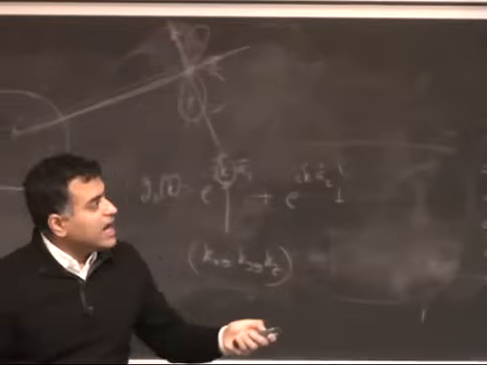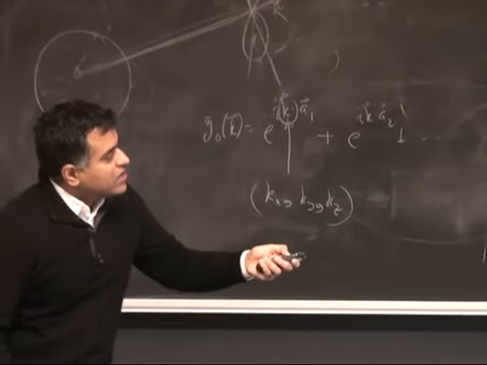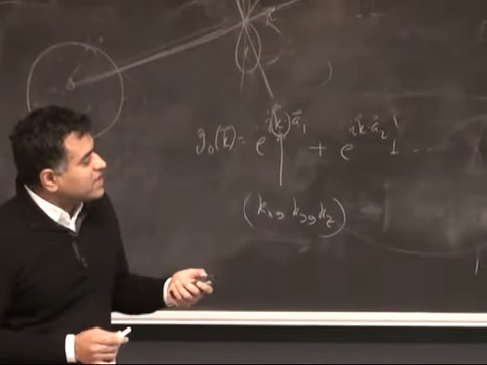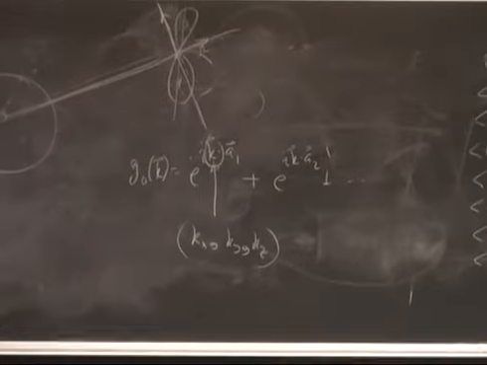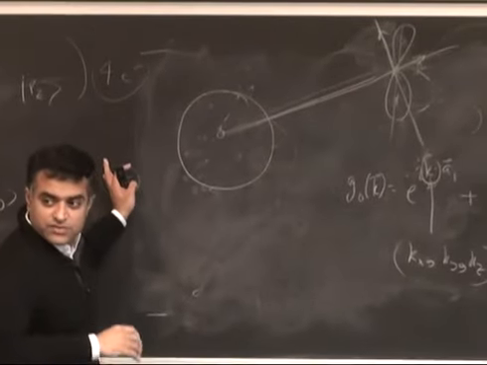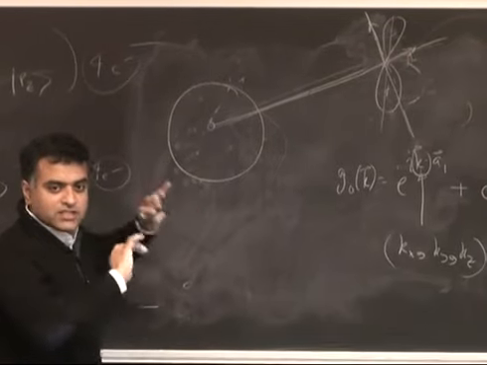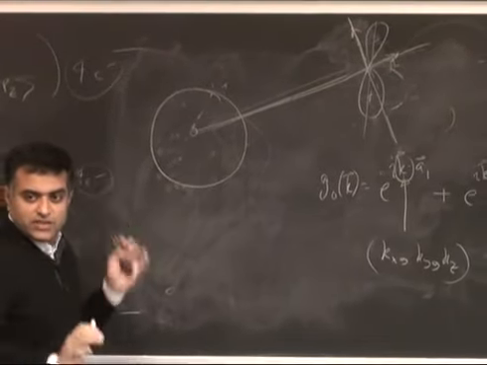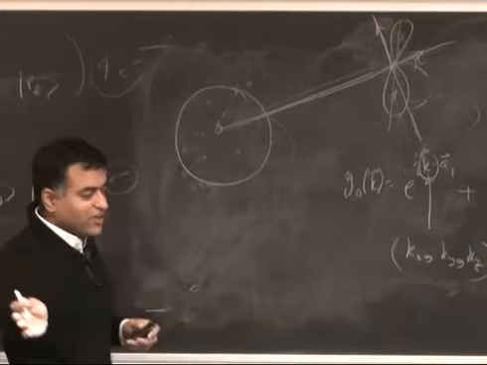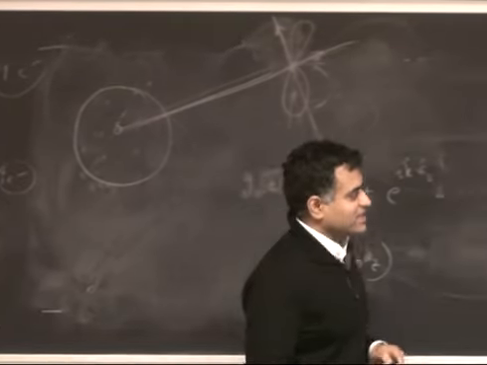And the states at k equal to 0, all the symmetries are the same as the symmetries of the orbitals they came from. If it was dominated by s orbital, it will be a spherically symmetric state. If it's dominated by p orbitals, it will be linearly elongated along a certain direction and all that sort of thing.